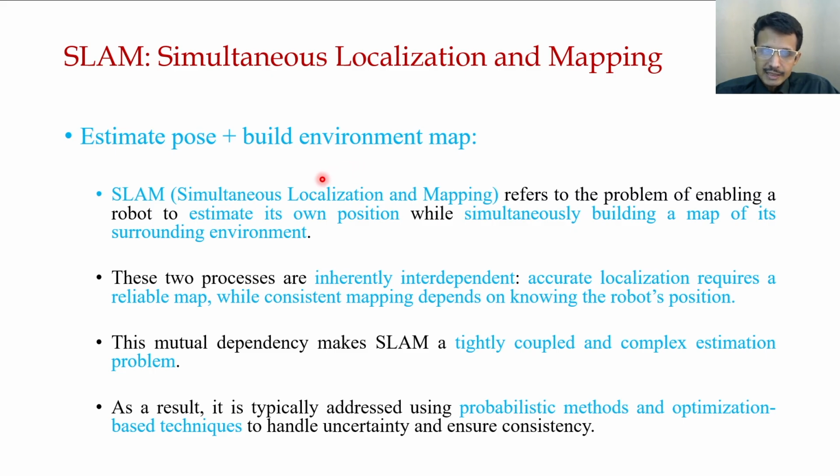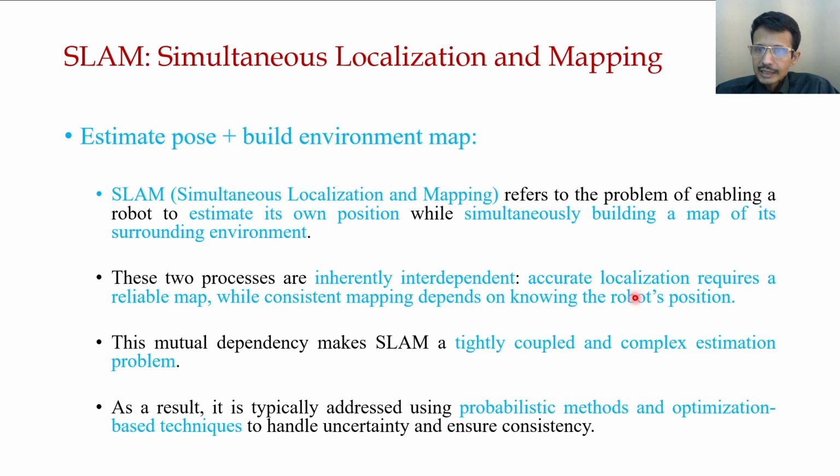So this is basically done in this simultaneous localization, that means we find our position in a particular area, and this area is framed in our brain at the same time. So this is just an analogy, and we can now understand these two processes are inherently interdependent.